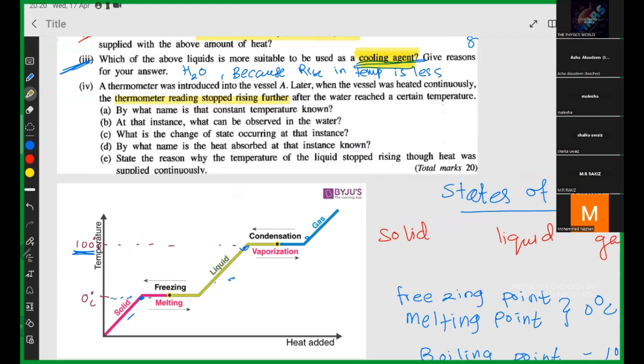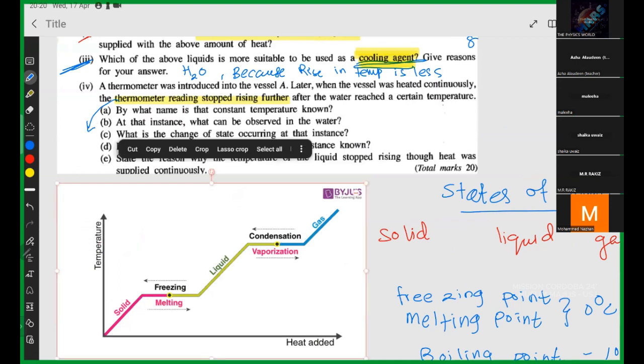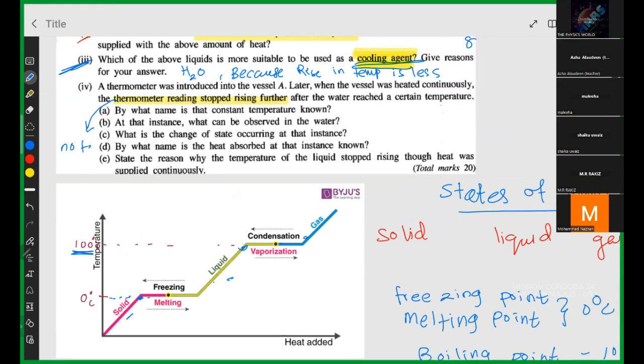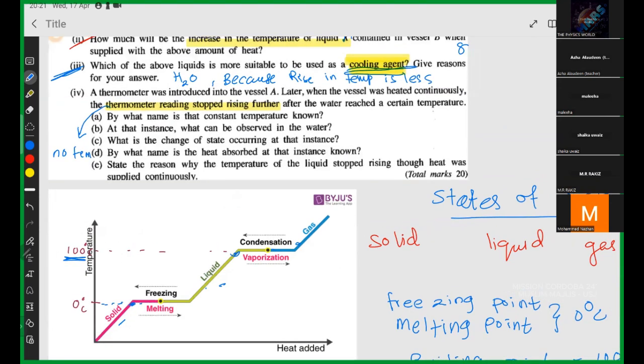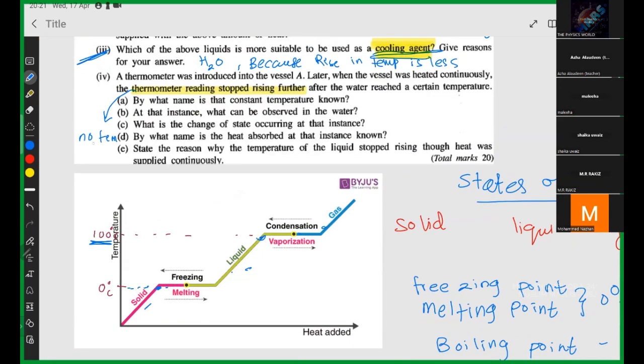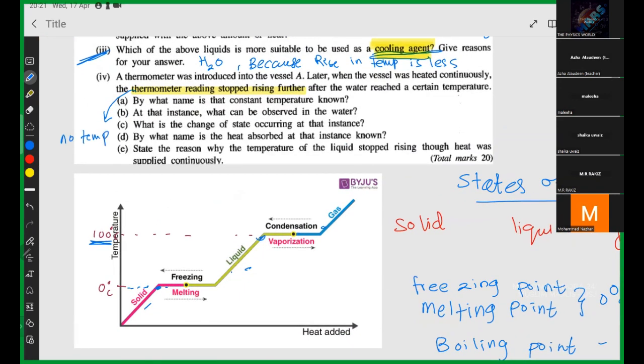What do you mean by that? Thermometer reading stopped rising further means what? Did the temperature change? No. So there is no temperature change.